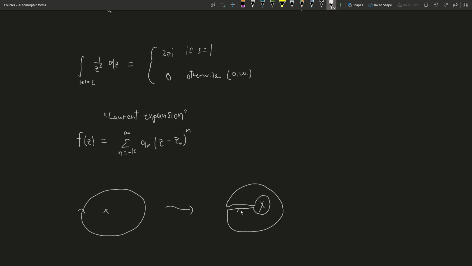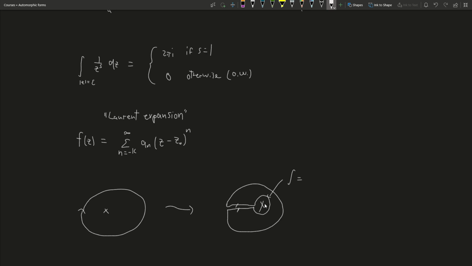And so that means that the integral along this line is going to cancel the integral along this line, just taking the same thing in the opposite direction. And the integral along this circle is going to be, well, what we just said up here, right?